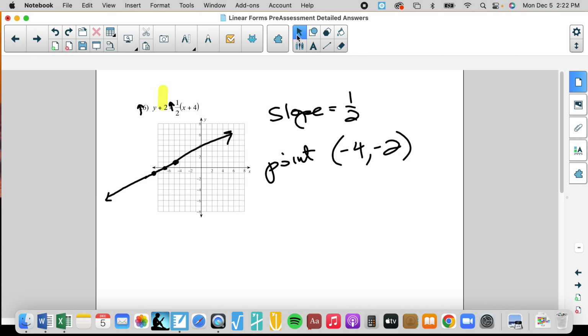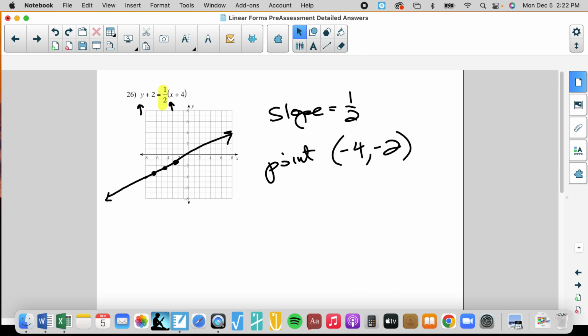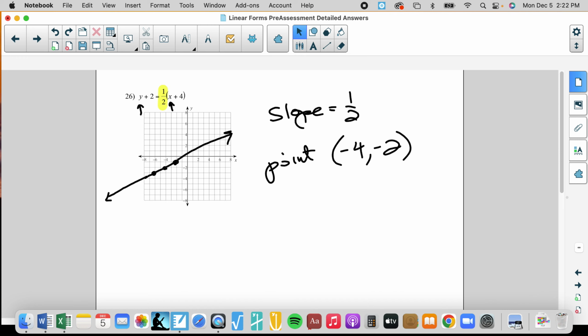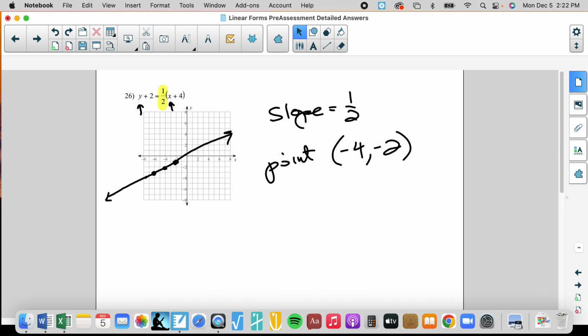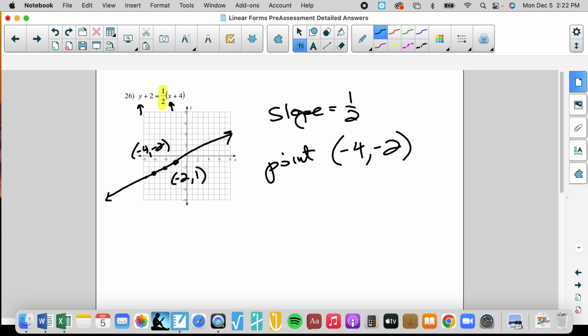Sorry. That looks about, nope. Oh yeah, that looks good. Got to go to the pen, -4, -2, and then I'm going to use this, which is -2, 1. Your other point would have been -6, -3.